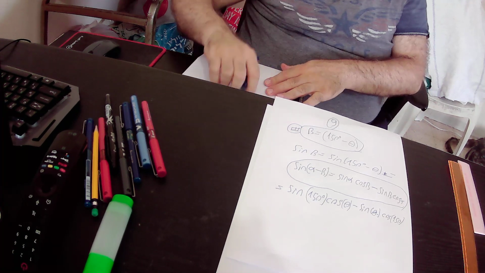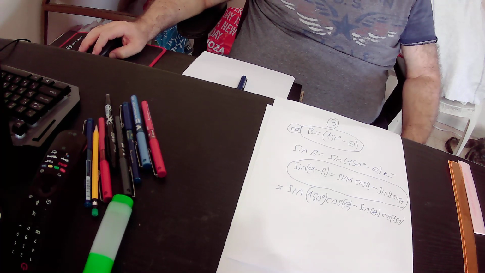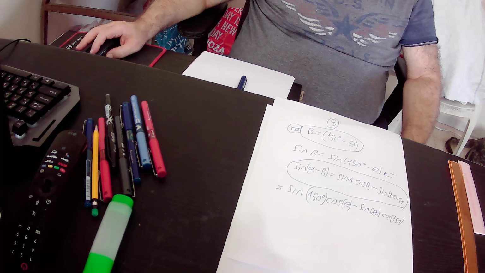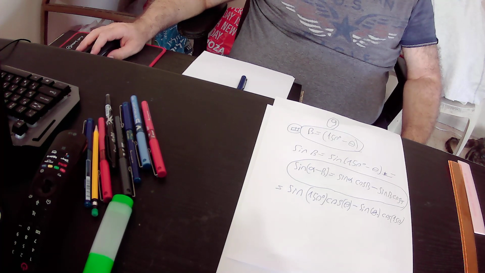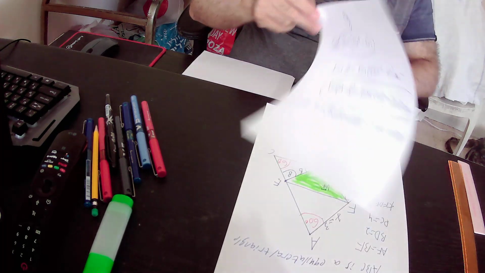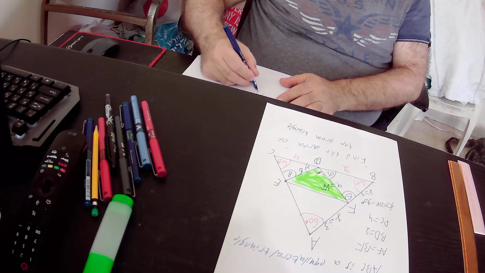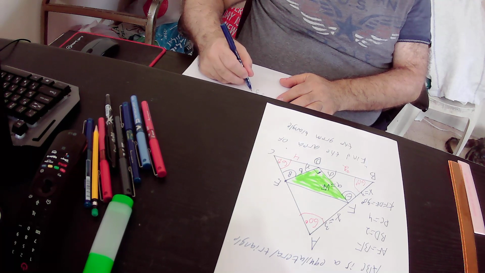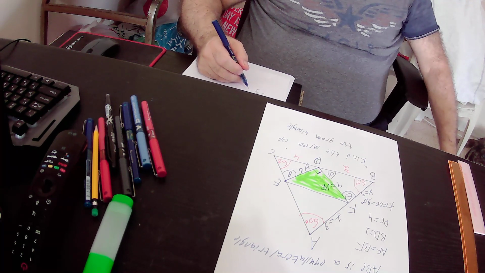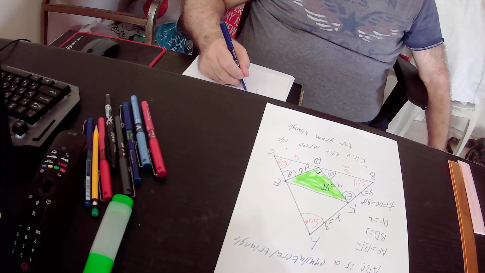Actually the value of sinus 150 degrees is 1/2 times cosinus theta, but the value of cosinus theta we have already found out is 2/√7.